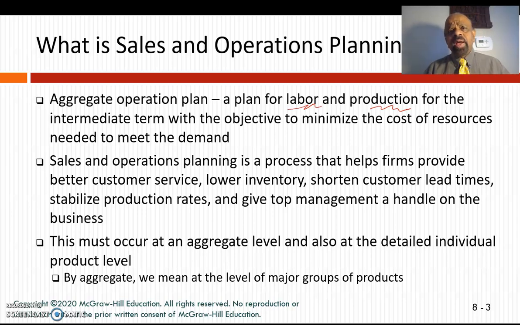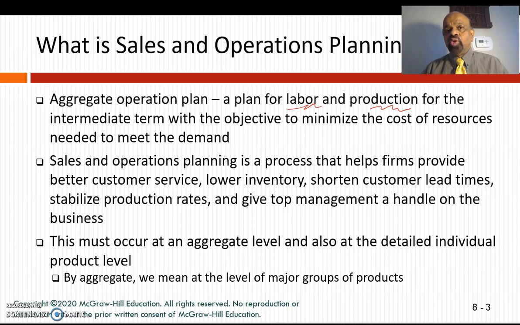So for instance, if I'm going to assemble laptops at Dell, I'm going to look at how to assemble these with the number of workers that I have, or how to assemble these products with variable workers.